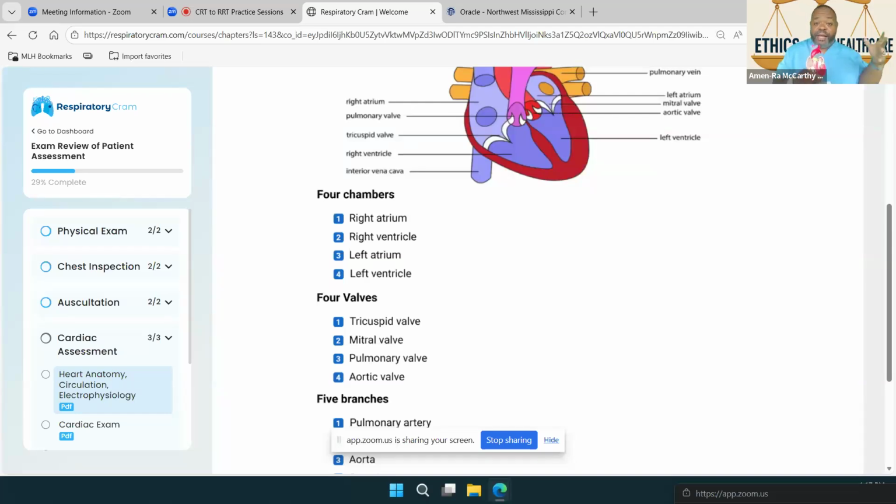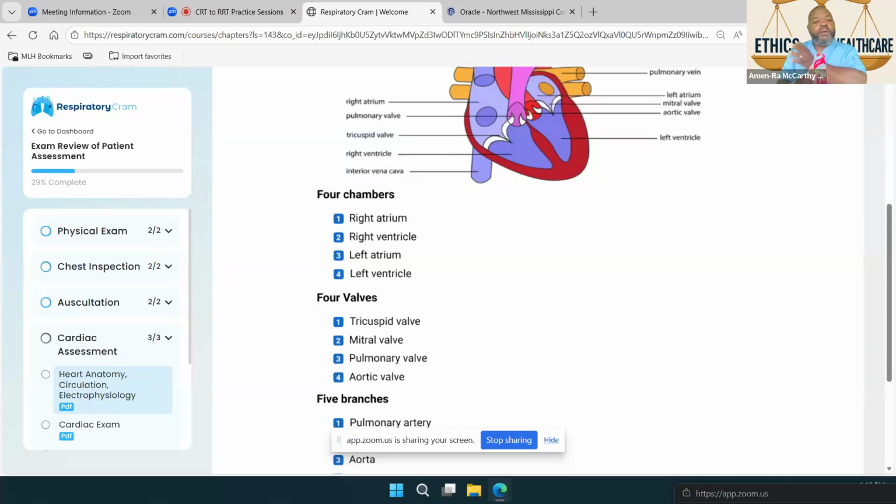Picks up the oxygen in the lungs, of course, comes back to the heart via the pulmonary veins. And remember, there are two sets of pulmonary veins on the back, these red ones here, right? Both of them dump off into the left atrium, right? And then they leave the left atrium through the bicuspid valve, right, into the left ventricle. And remember that this is the left side or the systemic side of your circulation.